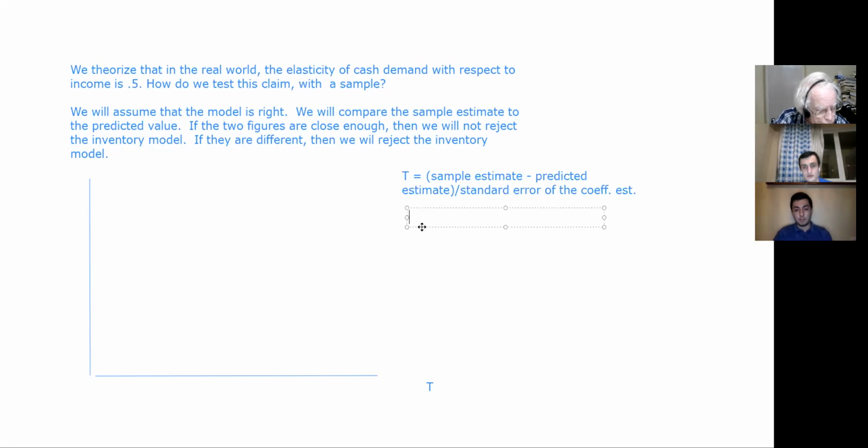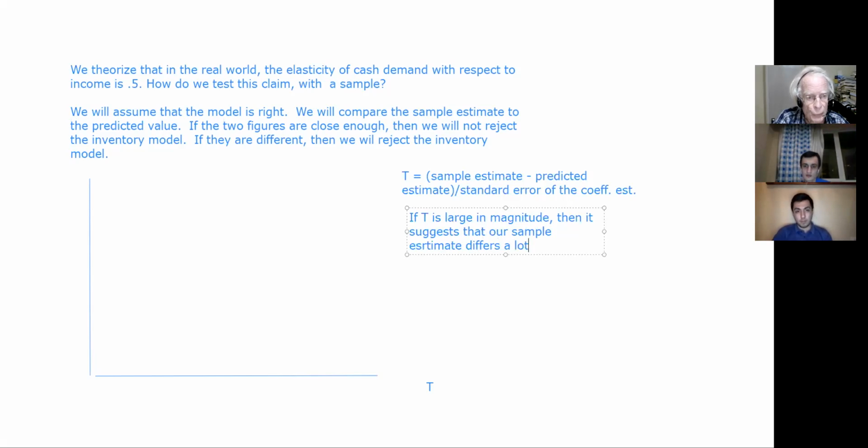So I'm going to note this here. If T is large in magnitude, then it suggests that our sample estimate differs a lot from our prediction, given normal dispersion in some estimates across samples.